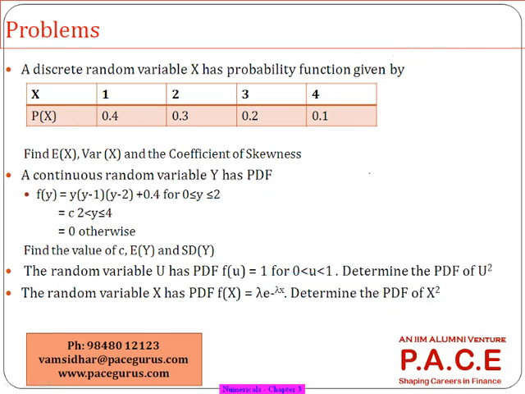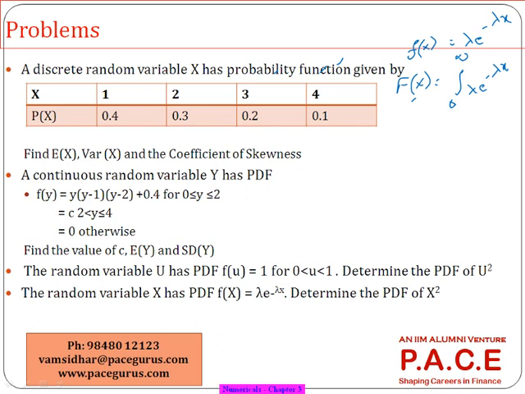The next one, C, is already giving f of x as lambda e power minus lambda x. Now what is capital F of x? Capital F of x is nothing but the integral from 0 to infinity of lambda e power minus lambda x.